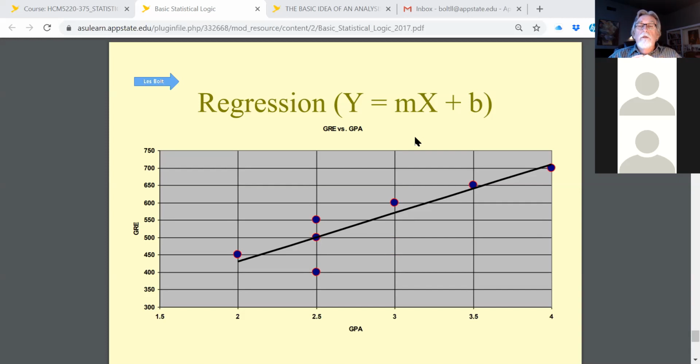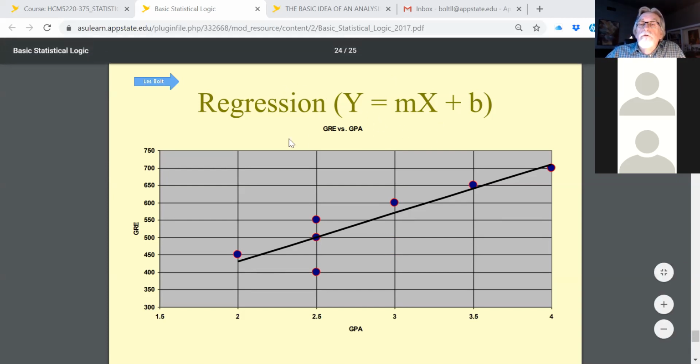On the other hand, if you're talking about the amount of time that's spent studying and your GPA, you might be more interested in a positive relationship because you would like to think the more you study, the higher your GPA. So as one goes up, the other goes up. So you have to understand the nature of the variables and understand what an R value means.